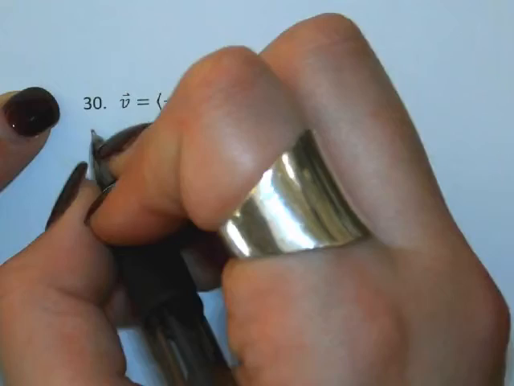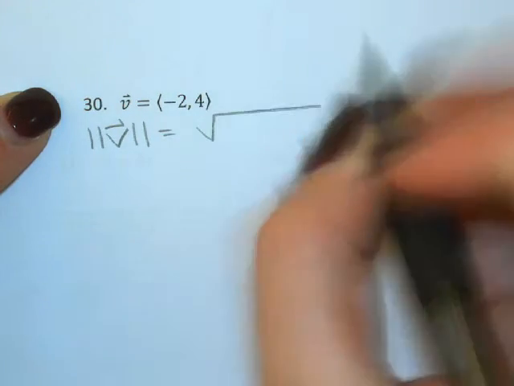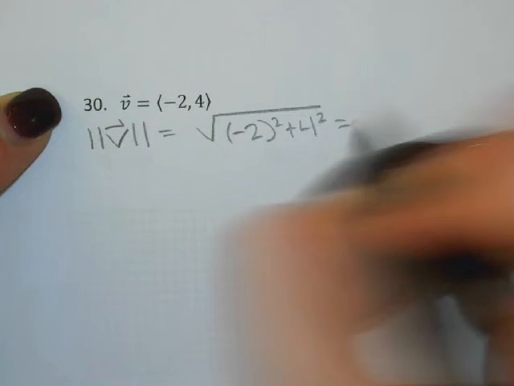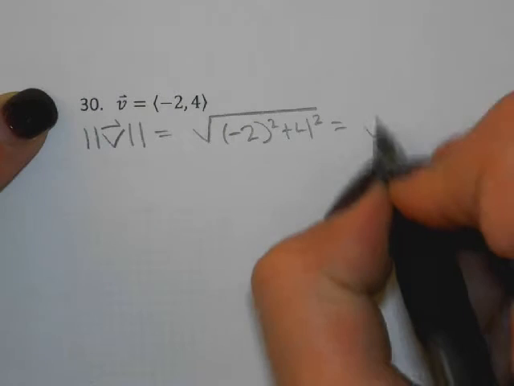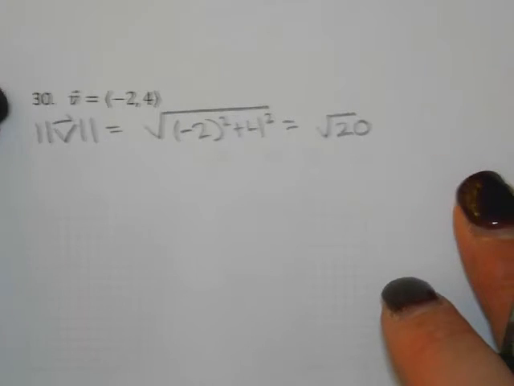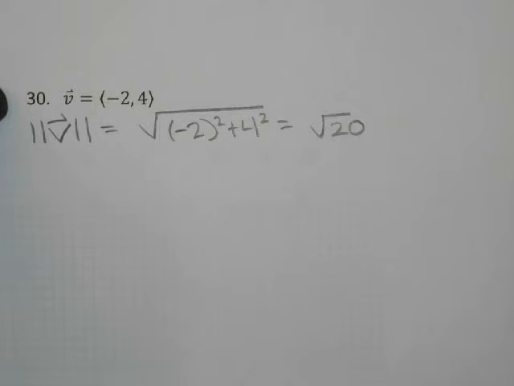We're still going to find the magnitude. So we have negative 2 squared plus 4 squared, square root of 20. Now 20 can be simplified, which again, if we do a multiple choice problem, might be the form that the answer's in.